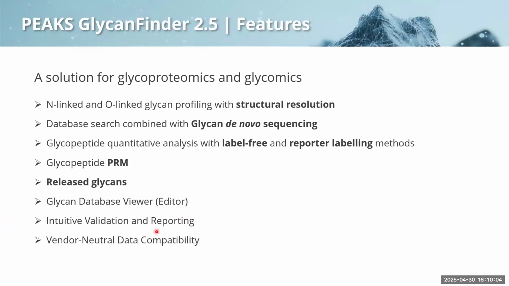We also have intuitive validation and reporting, and I'll get into how we do the scoring and validation again in a little bit. And we also have vendor neutral data compatibility, so you don't need to convert your files to any sort of universal format prior to loading into GlycanFinder. You can just load the data in the raw format.